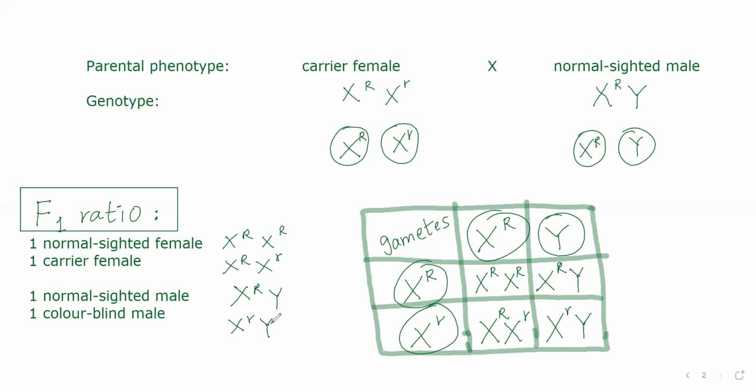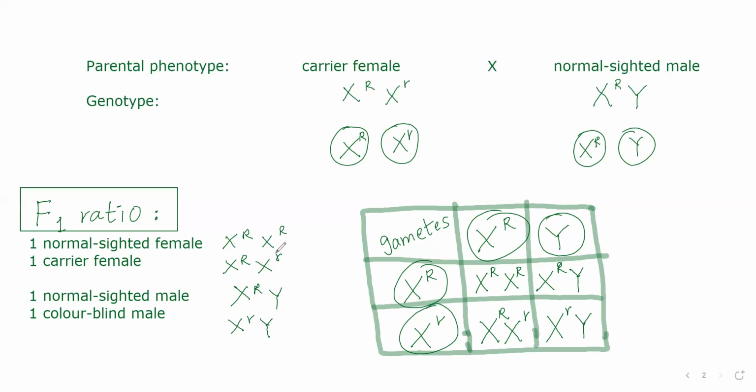We need to understand who are the carriers and who are not. Here you see no carrier, because both are capital R, so this is normal sighted. But the second one, even though she doesn't have color blindness for now, carries one allele.